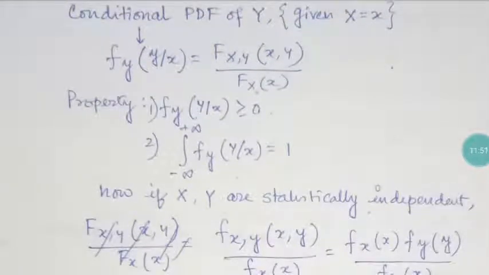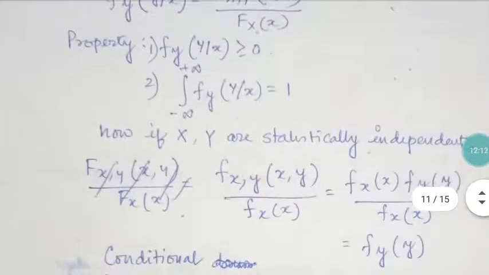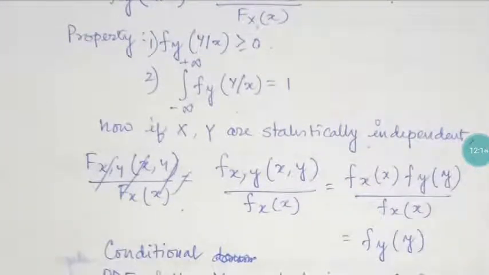So what is the property? The property is the same. It means that f of y by x is greater than or equal to 0, and if you take the integral from minus infinity to plus infinity, it is also a probability distribution, so the output is also 1. Now if x and y are statistically independent, we can write f of x comma y as the mutual independent case, so it can be written as f of x into f of y.